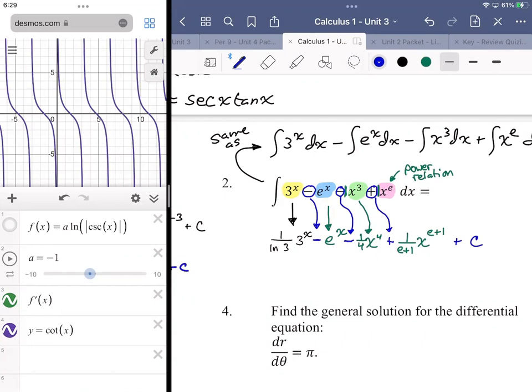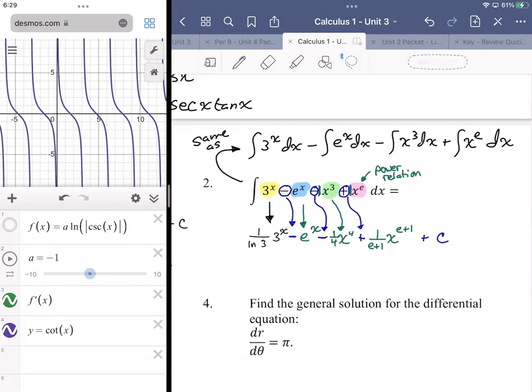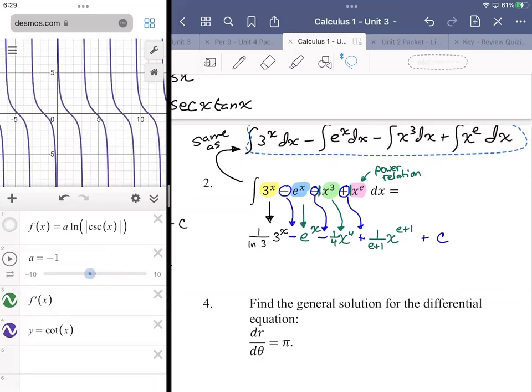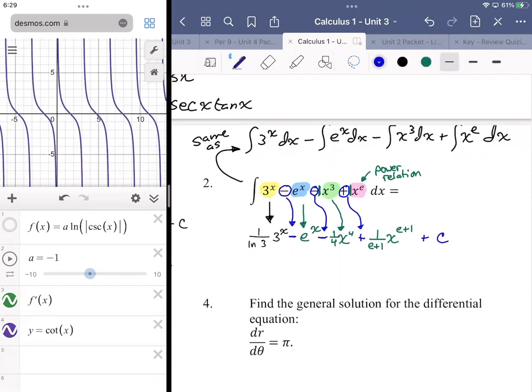Now, it's kind of weird to think about this. I'm going to get into just a smidge of theory here for a second, but we just found the antiderivative of 3 separate integrals, right? The first one was our 1 over ln 3 times 3 to the x. I'm going to write it here. You don't have to write it down. Technically, this integral would have its own plus c, right?